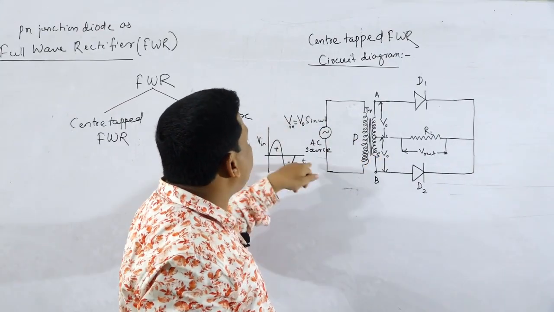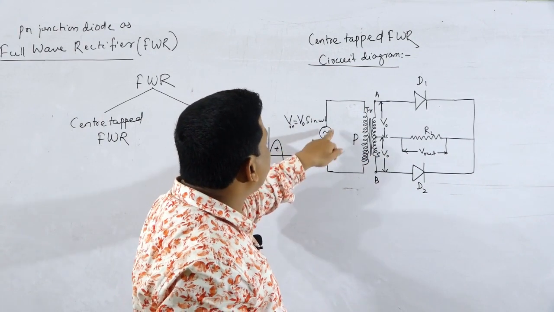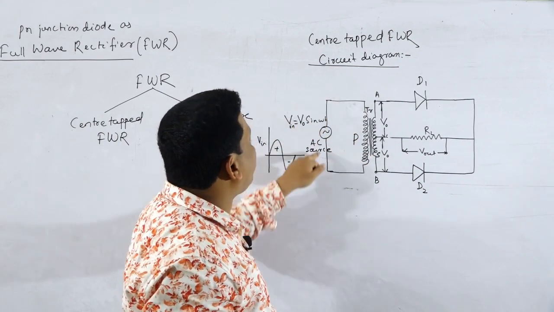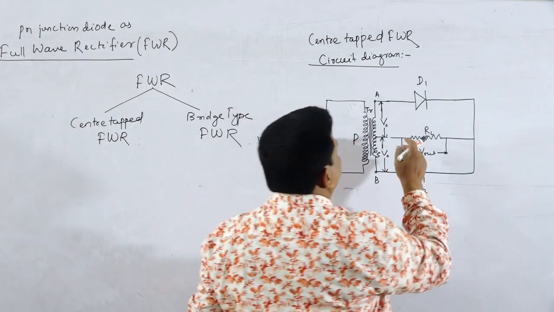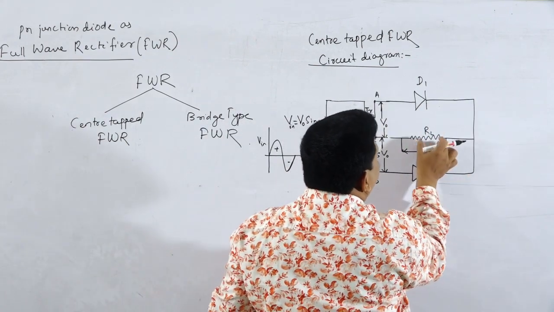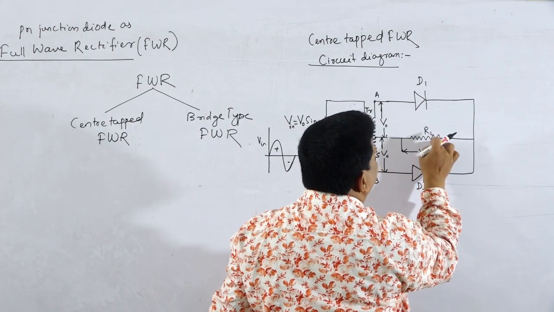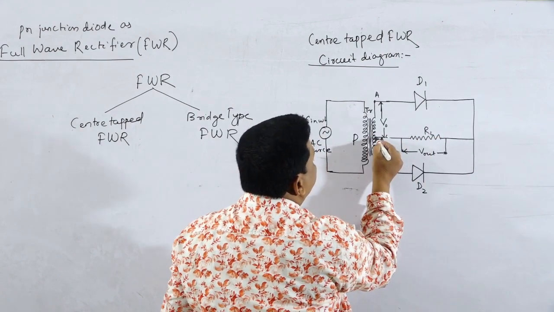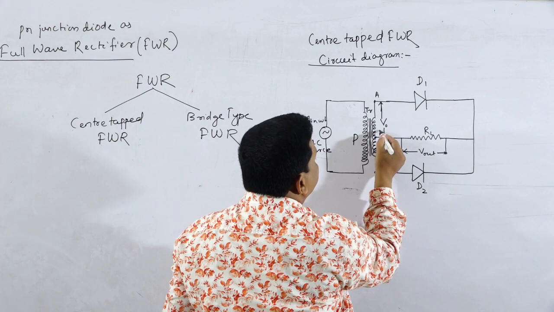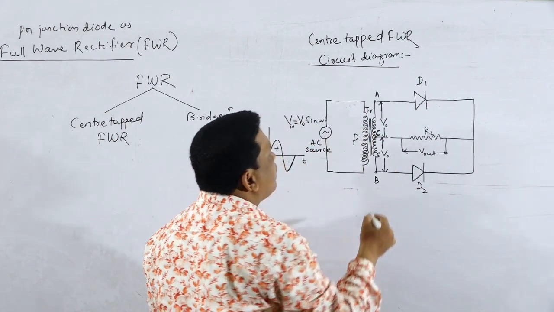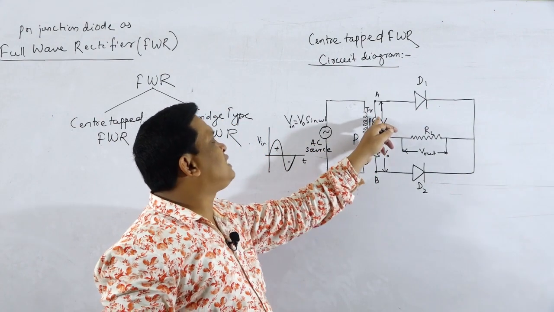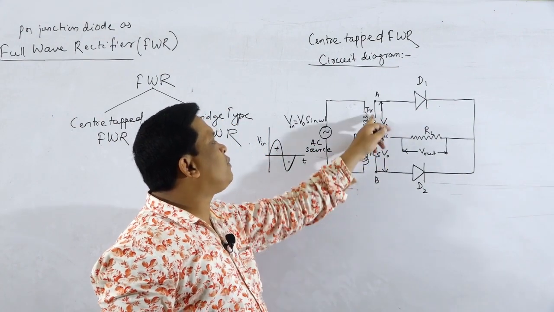The AC to be rectified is applied to the primary winding, and we have connected the load resistance RL to the center position C of the secondary winding of the transformer. This is the secondary winding of transformer TR.